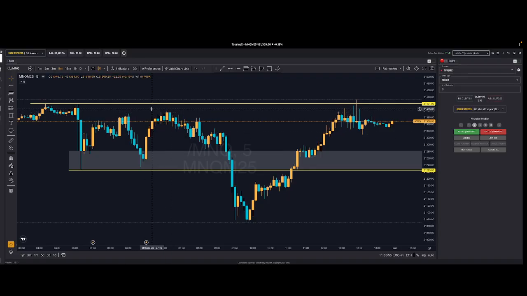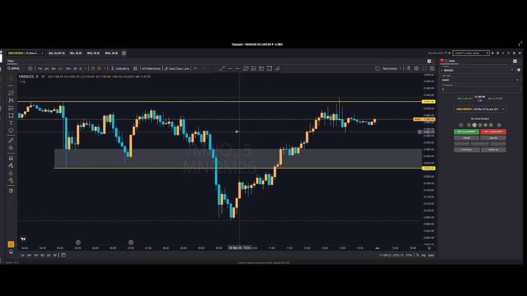and we try to push up to the pre-market high, but fell short, right? So now we're pretty much in a little range. We can see here 421 and 225 was our range for the open.